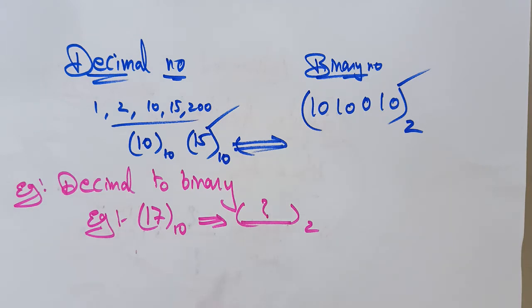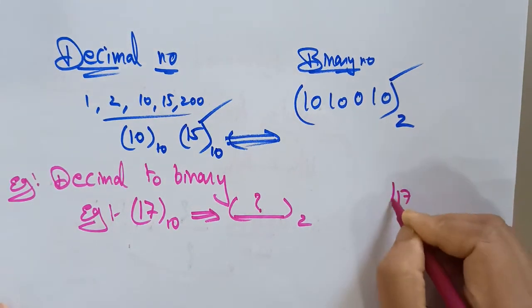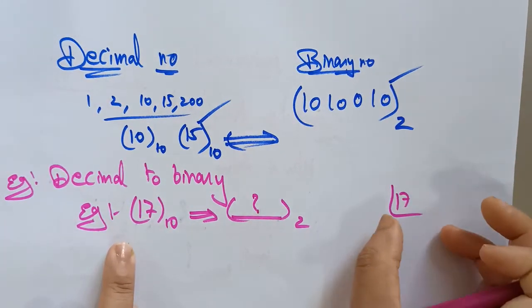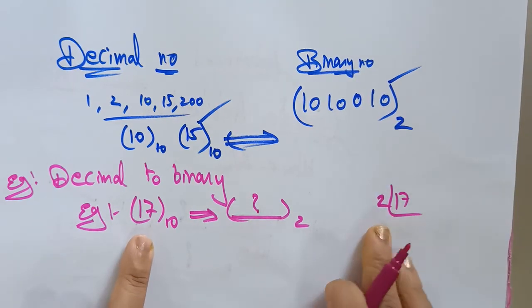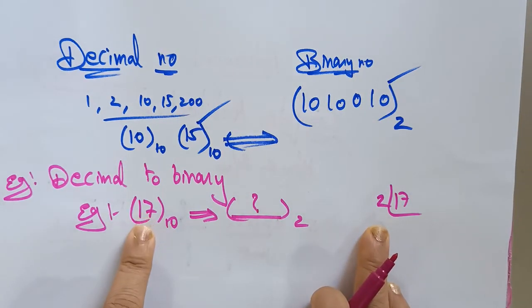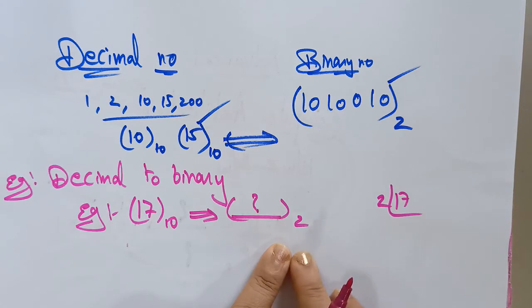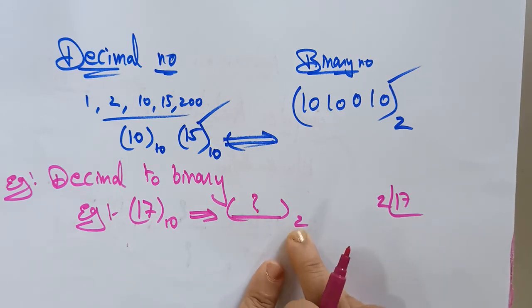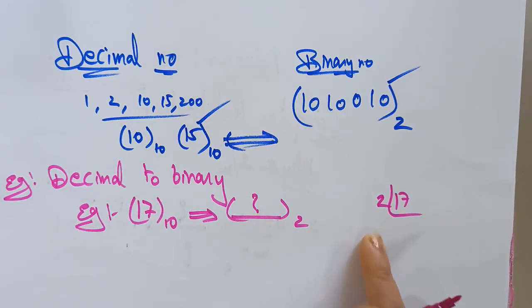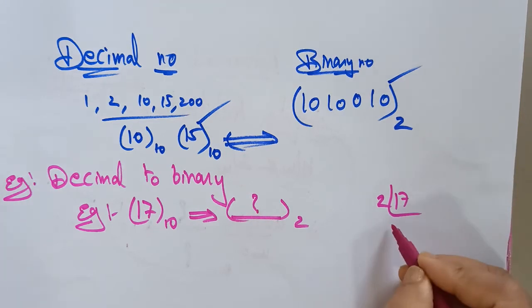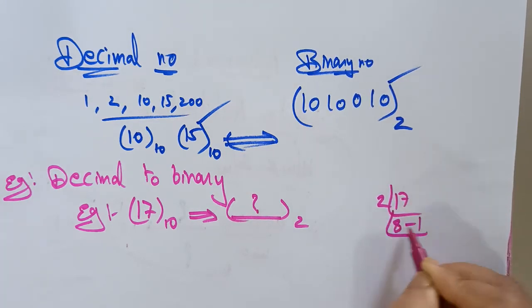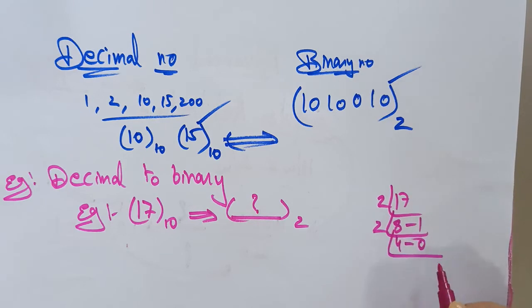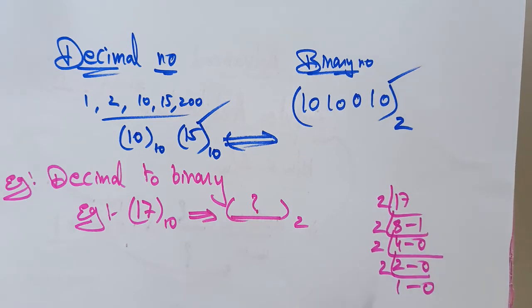How is it converted? For the internal operation, it takes 17 and you divide it by 2, because I want to convert the decimal number to a binary number and the binary number base is 2. So 2 8s are 16 and 1 is the remainder. 2 4s are 8, 0 is the remainder, 2 2s are 4, 0 is the remainder, 2 1s are 2, 0 is the remainder.